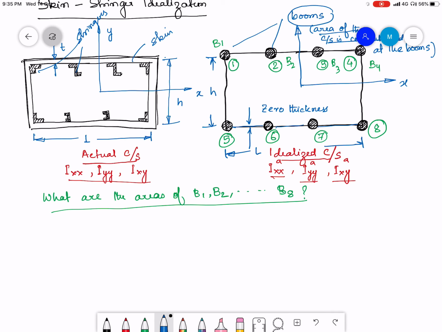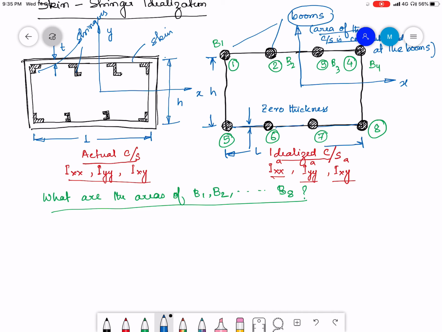One way of finding the area of the booms is to first understand the predominant bending moment experienced by the cross section, and accordingly choose the areas of the booms which will give the highest accuracy in the sectional property corresponding to that moment. Let me reiterate this.